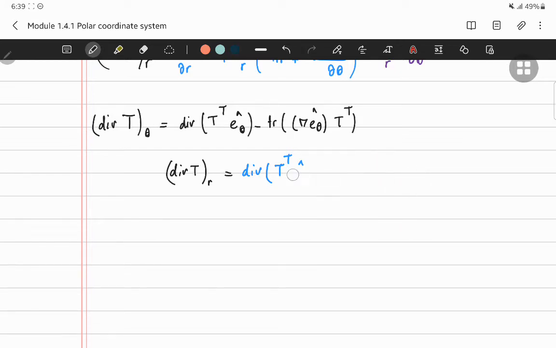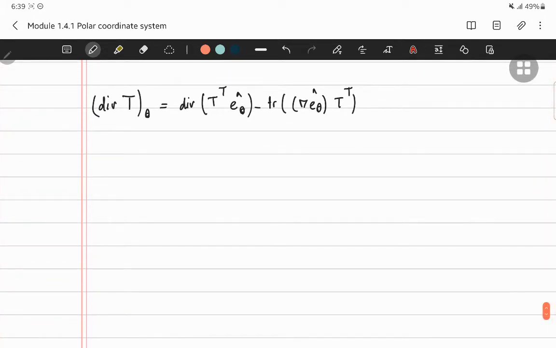All right. So I have T transpose e_θ. T e_θ was basically T_jθ e_j.